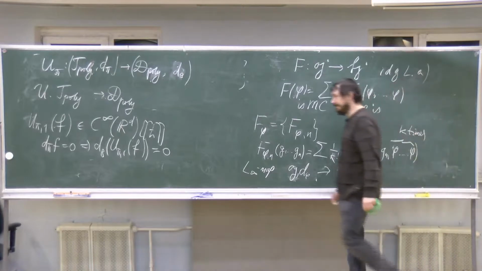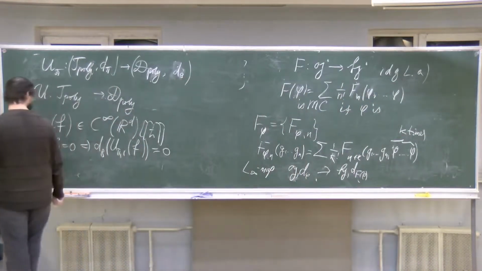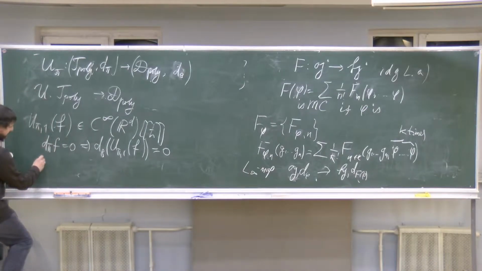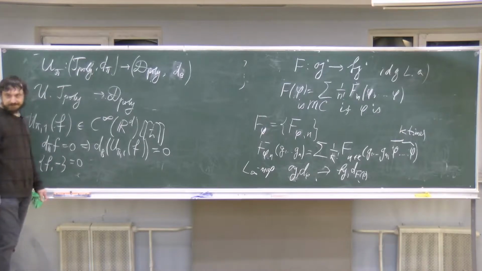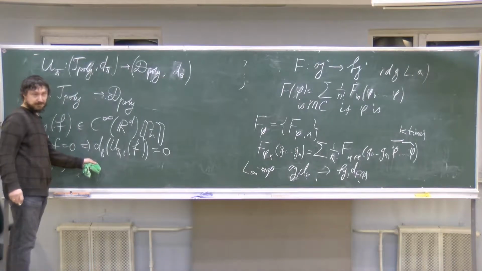And U is cancellation. So now what does it mean that d pi of phi is equal to 0? It means precisely that f commutes with everything. And this here I leave as an exercise to you.